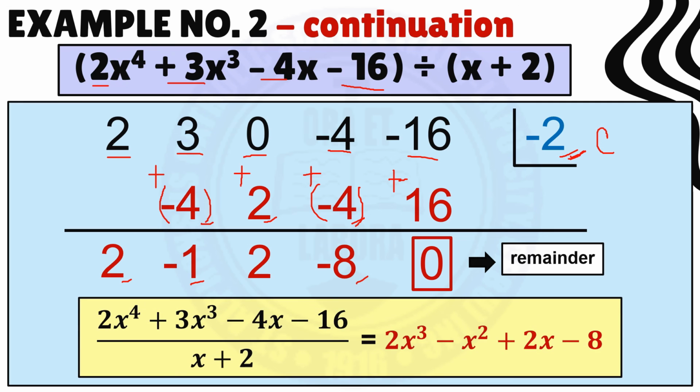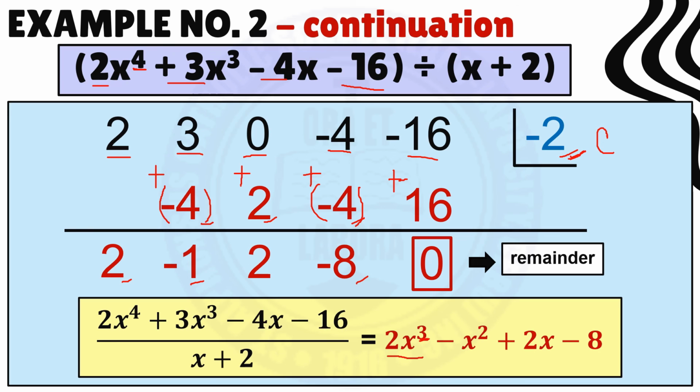Therefore, the final answer would be 2x cubed. We are using x cubed here since we have to subtract 1 from the exponent of our given dividend. So take note, in our given dividend, that is 4. So in this case, it becomes cube or 3.